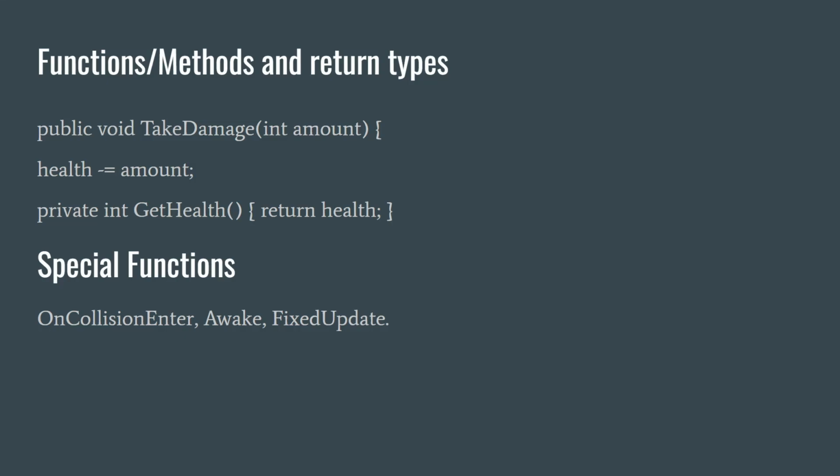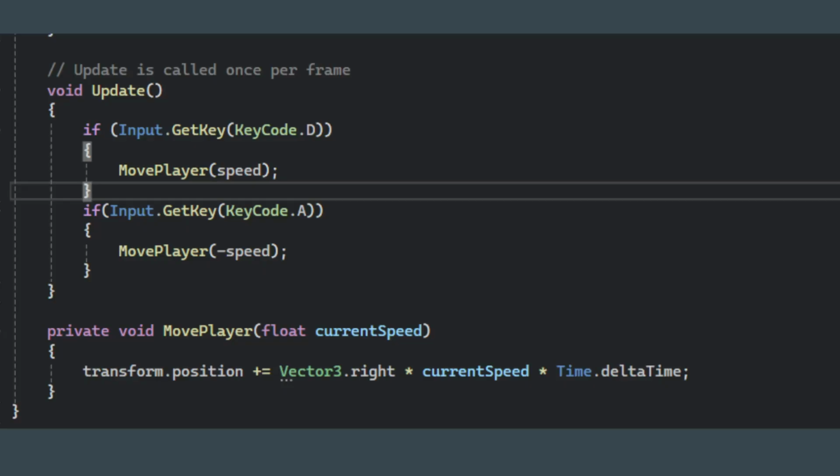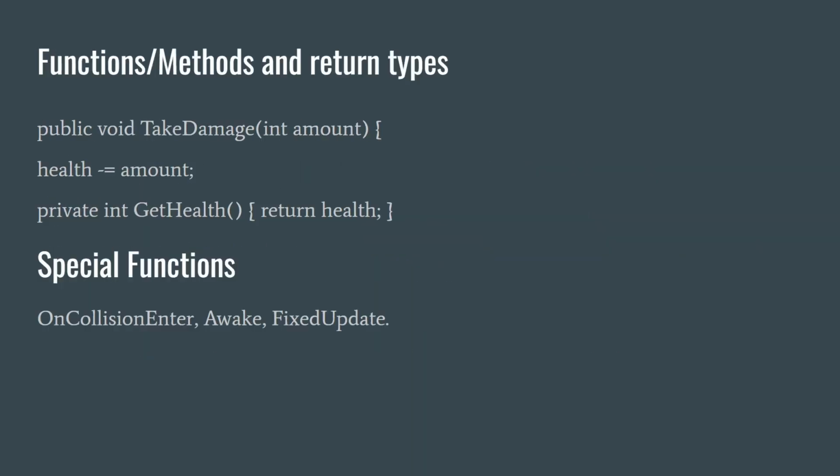Functions can also have return types. When we made our move player function, the return type was void. This means that there's absolutely no return type. However, when you want to specify a return type, for example, you're getting your player's health, then this is my function called get health, and then brackets to show the parameters, and there are no parameters.